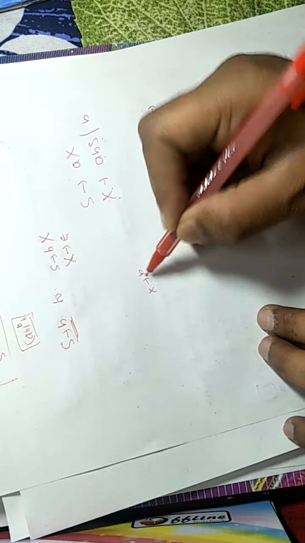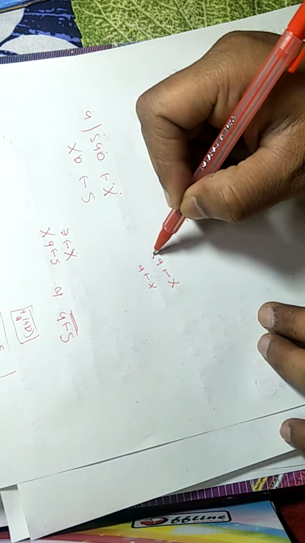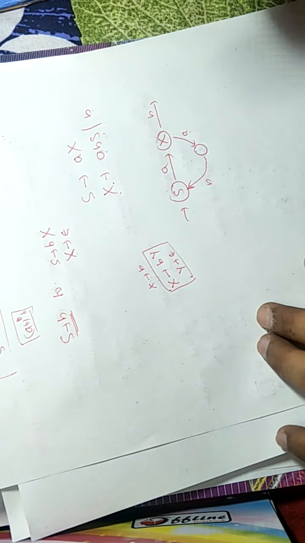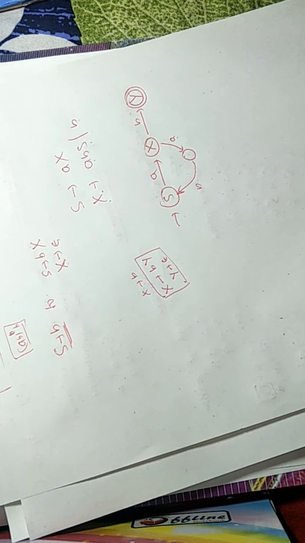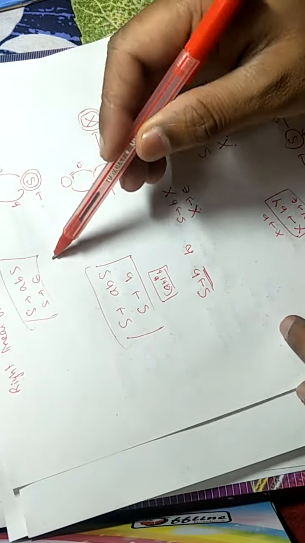X tends to b can be written as X tends to bY, and Y tends to epsilon. So it is reaching somewhere, that is the final state. So we can design finite automata for these kinds of grammars, and all these grammars are right linear.